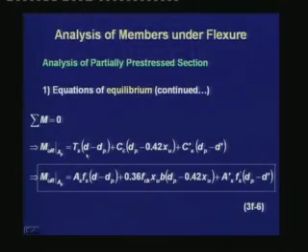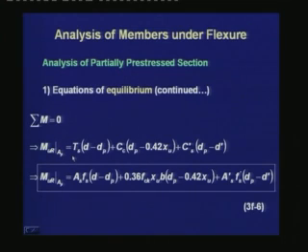The first term is Ts, which is the tension in the steel near the tension face, times d minus dp, that is the lever arm between the tension steel and the CGS, plus Cc times dp minus 0.42 xu. dp minus 0.42 xu is the lever arm between the CGS and the resultant of the compression in concrete, plus Cs' times dp minus d', which is the lever arm between the CGS and the centroid of the reinforcement steel near the compression face.